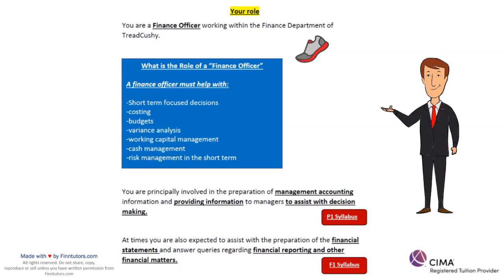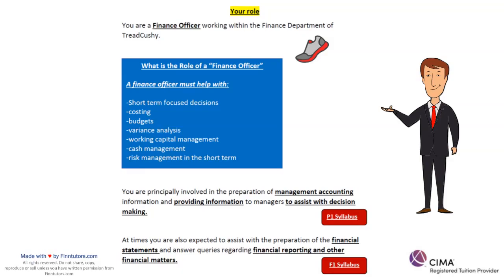So, what is the role of a finance officer? Let's quickly recap. A finance officer generally helps with short term decisions, preparation of costing information, preparation of budgets, variance analysis, working capital management, cash management, and risk management in the short term. All of this revolves around the day to day job of a finance officer.